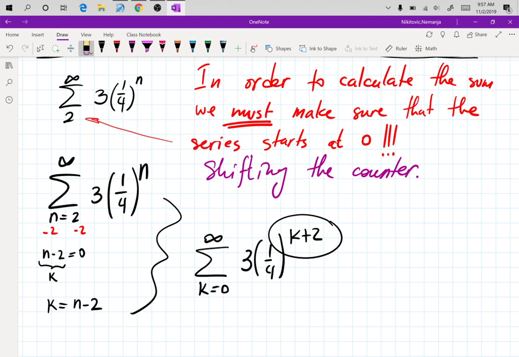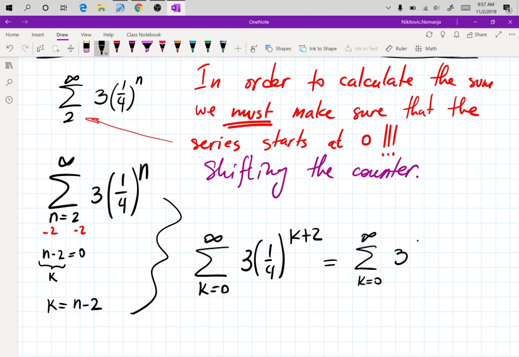We have to remove the 2, and as collateral damage of changing n equals 2 into k equals 0, we change them into k plus 2. So now we just need to peel off the 2/4, which is luckily an easy thing to do.